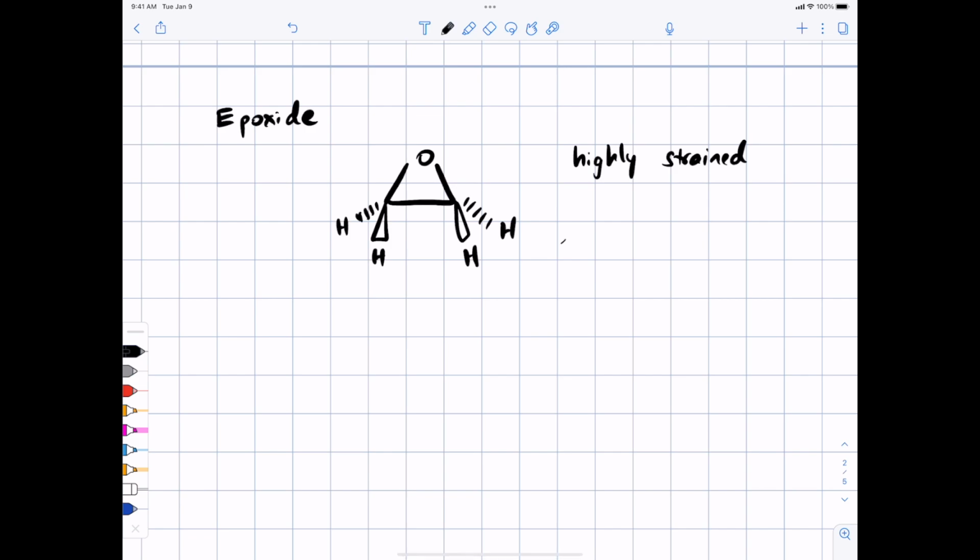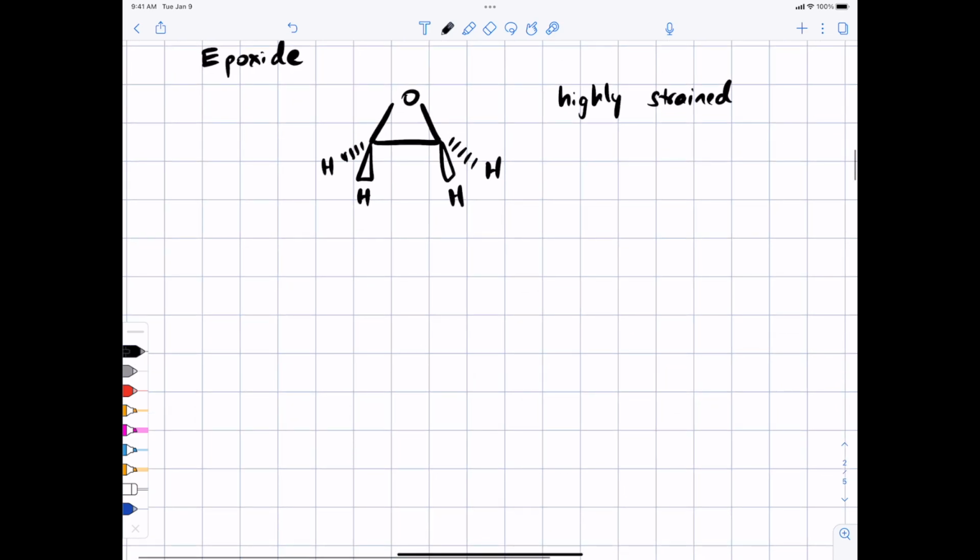All right. You can draw an epoxide with the 3 atoms in the ring in the plane of the page, in which case you would have up substituents coming towards you with wedges and then dashed substituents going back into the page.